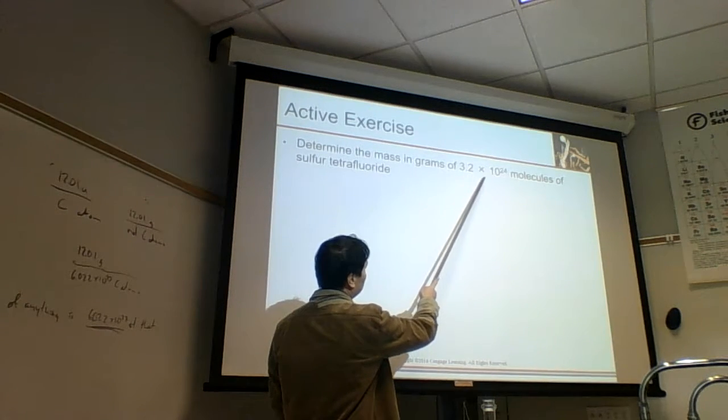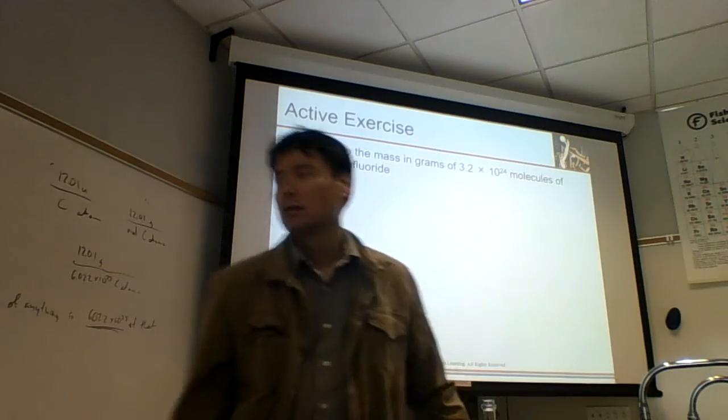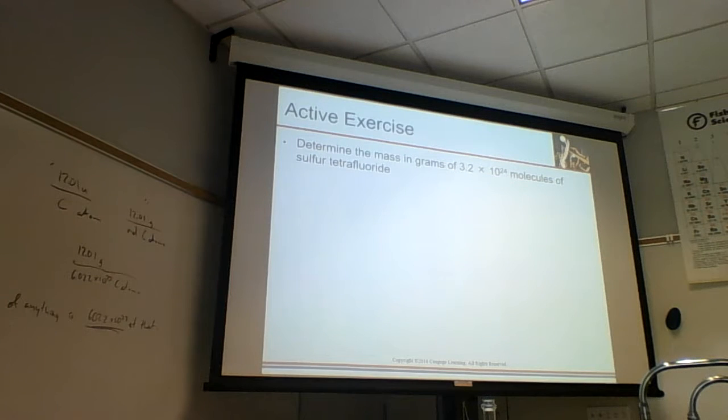So we have 3.2 times 10 to the 24 molecules of sulfur tetrafluoride. Using dimensional analysis, that's my starting point here: 3.2 times 10 to the 24 molecules of sulfur tetrafluoride.